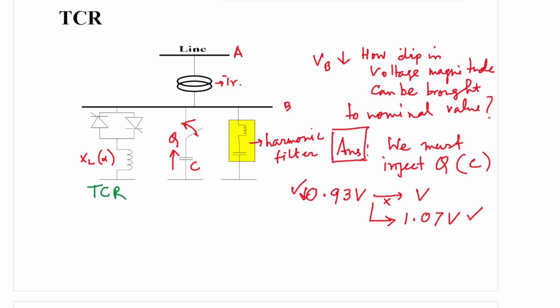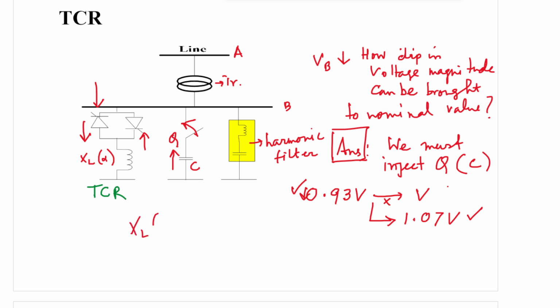Now again, how can this 7% excess be brought to the nominal value? The answer is this. You calculate what amount of reactive power needs to be absorbed by this reactor, and a signal is sent to the gate circuit of those SCRs, and the SCRs will be fired accordingly at the appropriate angle of alpha.